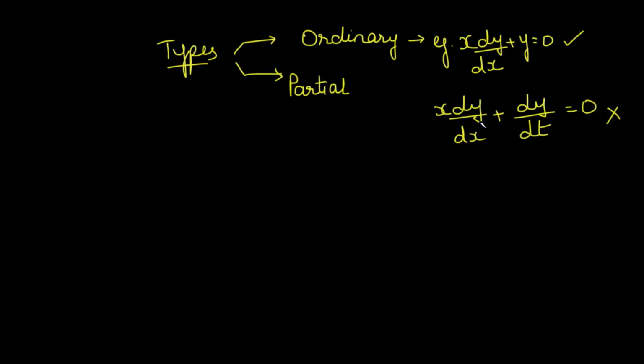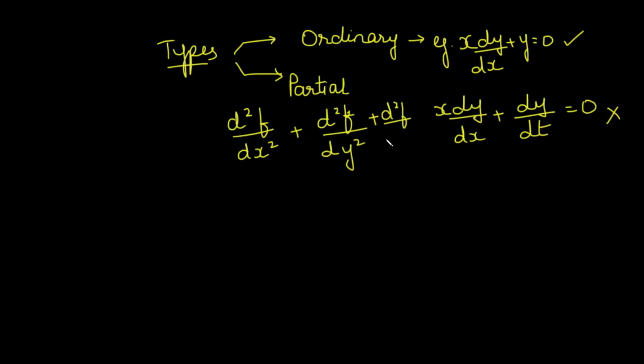For example, we can have d2f/dx2 + d2f/dy2 + d2f/dz2 = 0. So in this case, f is a dependent variable, but f depends upon several independent variables. So this is known as a partial differential equation.